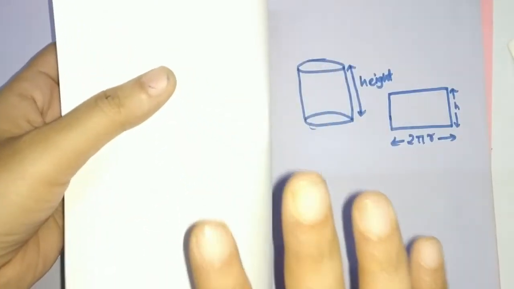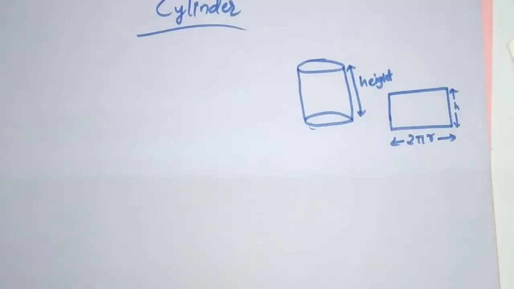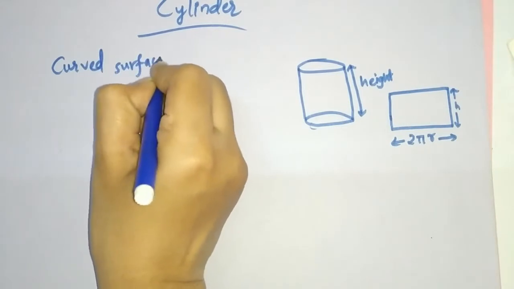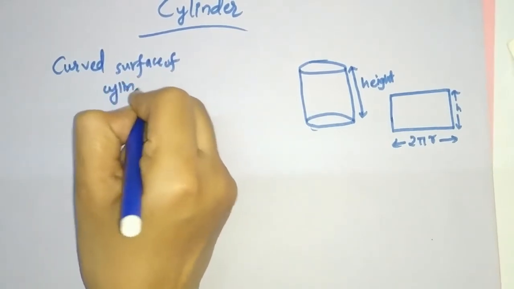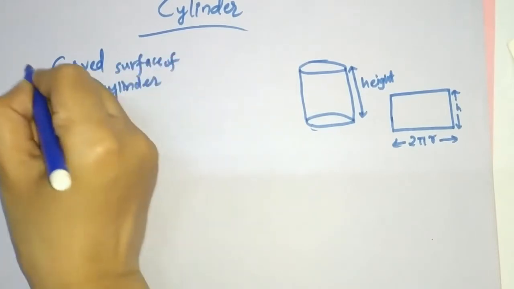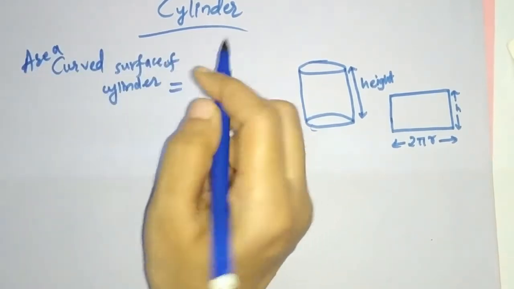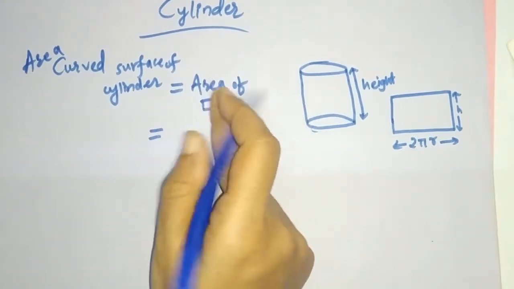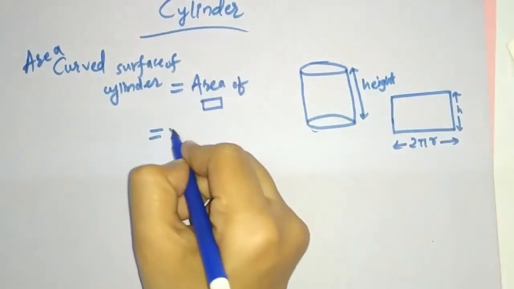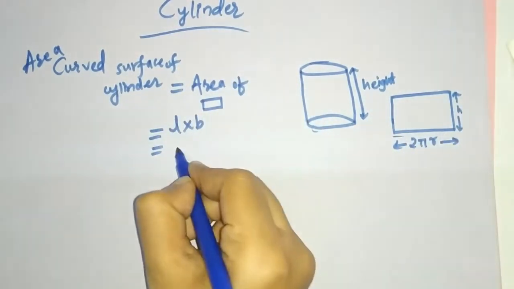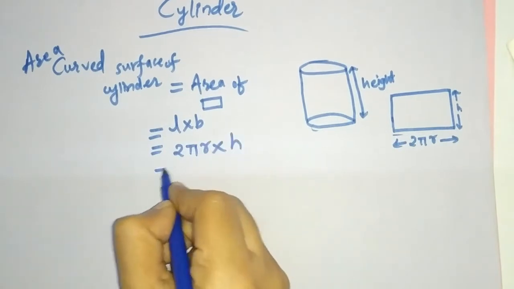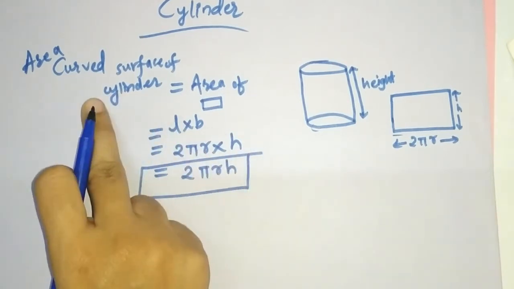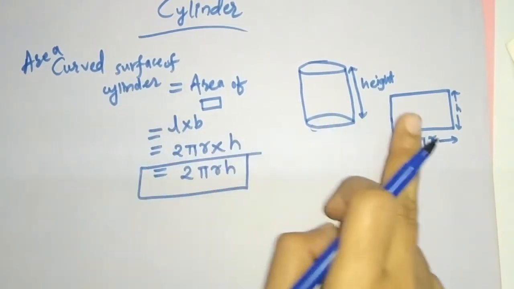When I want only the curved surface of the cylinder, the curved surface area is the same as the area of a rectangle, and we know that the area of a rectangle is L into B. So here the length is 2 pi r, and its breadth is the height. So you'll get 2 pi r h. This is the curved surface area of a cylinder.